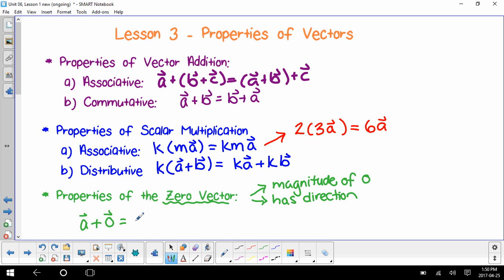If we wanted to give it some properties, you can actually add the 0 vector to another vector, and it won't change it. You cannot add a scalar to a vector. So you couldn't say vector A plus 1, but you can say vector A plus vector B, so you can add together the 0 vector with an actual vector. And likewise, if you add two vectors together and they are opposites, you will not end up with 0.